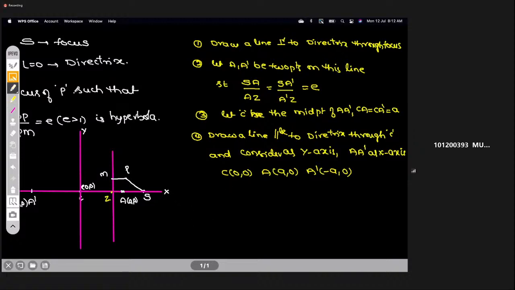So now you take SA is equal to E into AZ.